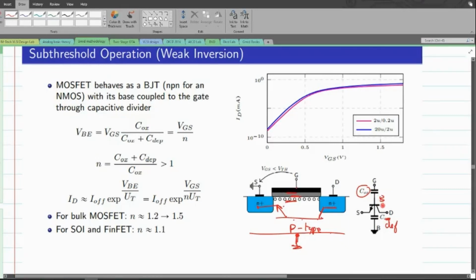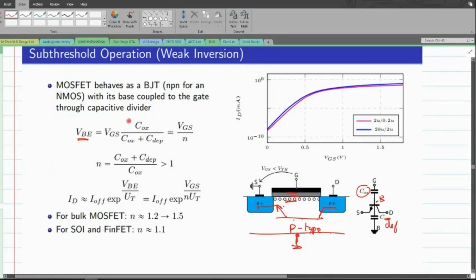Now if I know the effective value of VBE, it becomes easier to derive the current equation that flows between the source and the drain when working in weak inversion. So I use the capacitor divider formula to calculate the effective VBE. VBE can be written as VGS times COX divided by the summation of these two capacitances, a simple capacitive divider formula.